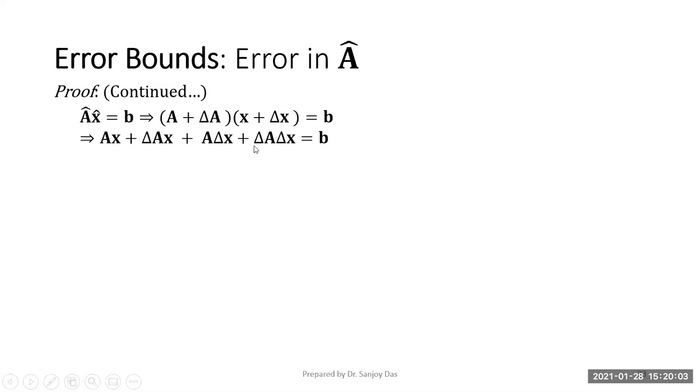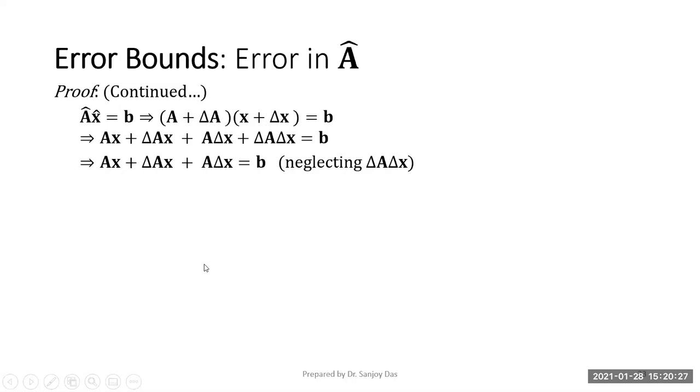Their product, right? So if we neglect delta A delta X, this is just an approximation. Then we'll end up with AX plus delta A X plus A delta X equals B.